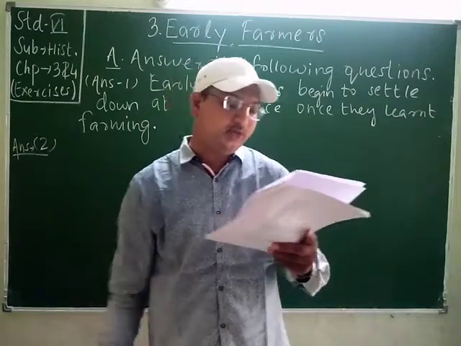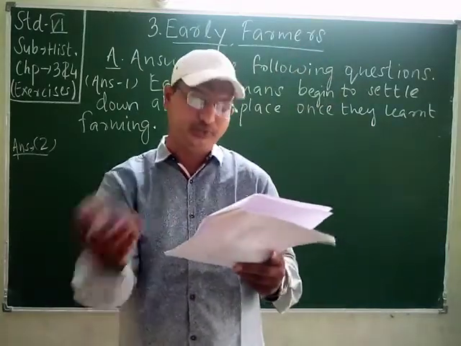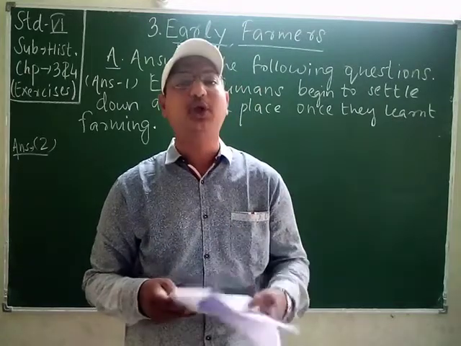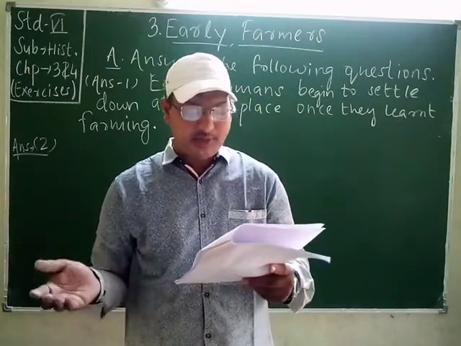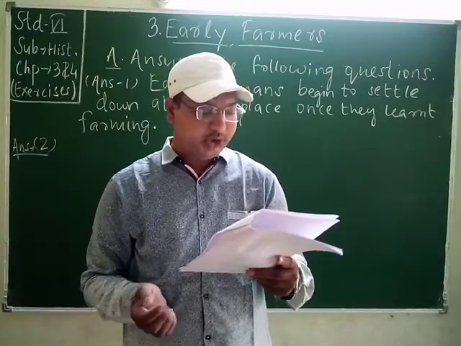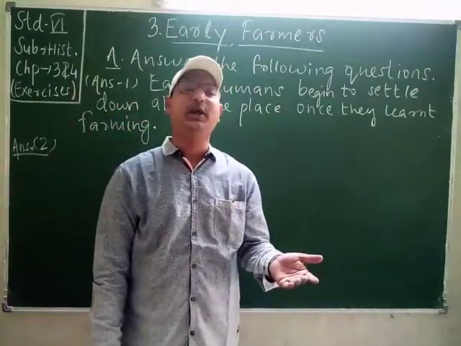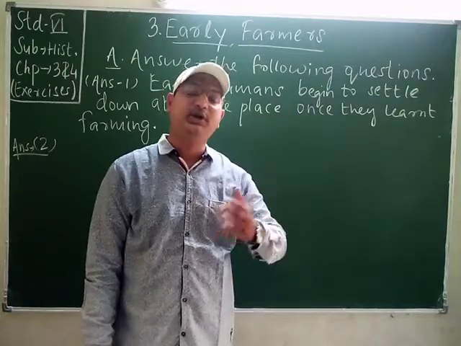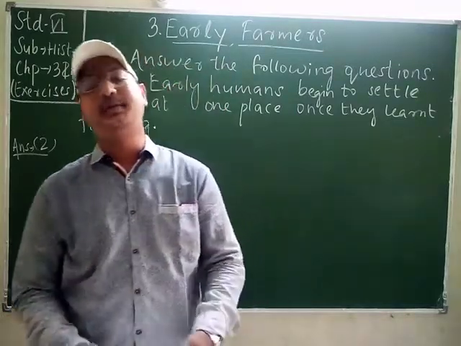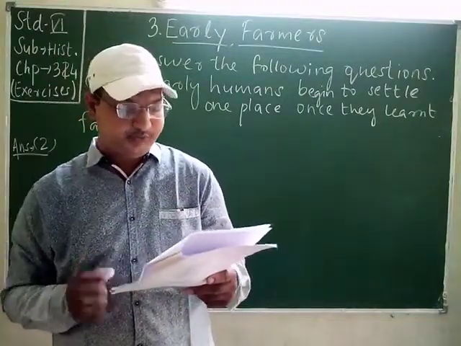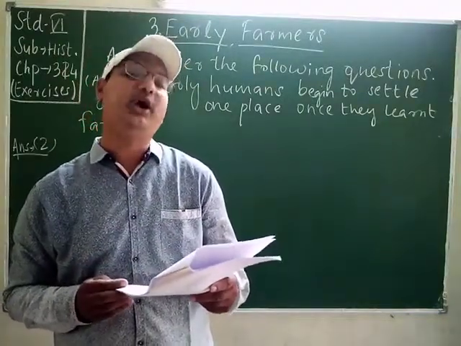The huts were of one room and had thatched roof. These huts were generally surrounded by a mud wall or a fence of prickly bushes to protect them from wild animals. So friends, basically nowadays you can see people are living in mud houses. So at that time the houses were being made in mud, and prickly bushes were there in the roof, which saved them from wild animals.